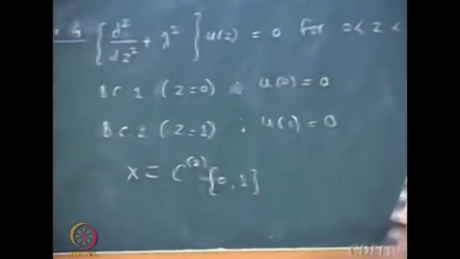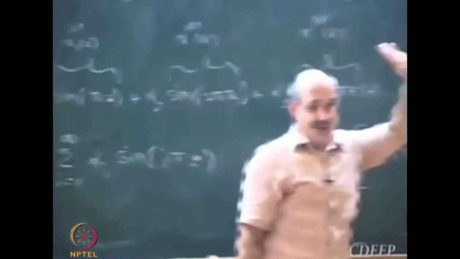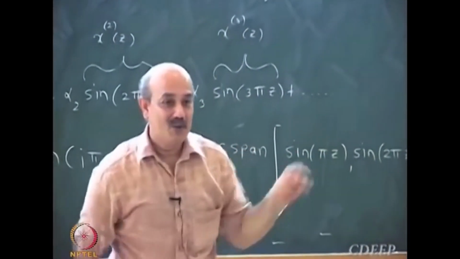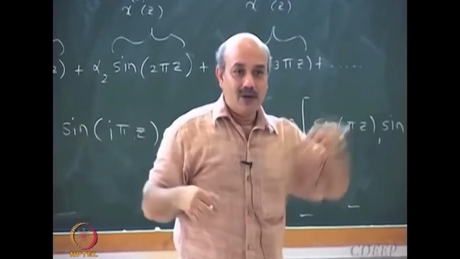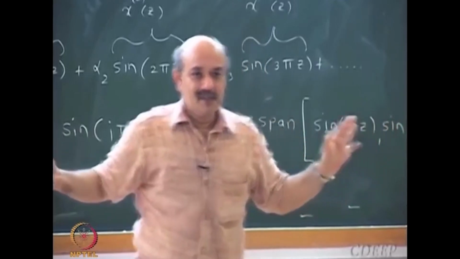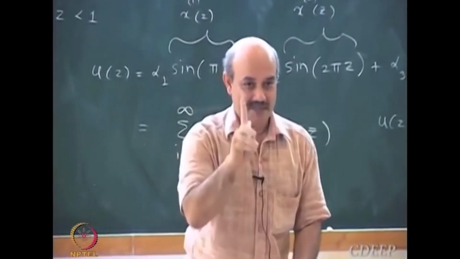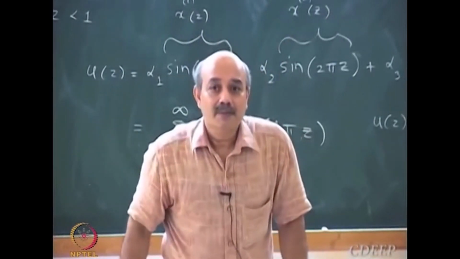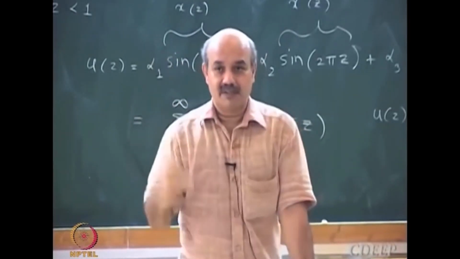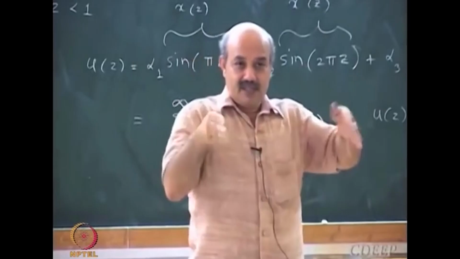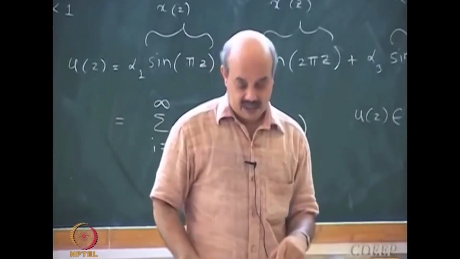This space is different from that space. A function defined over 0 to 1 is not the same as a function defined over 0 to 5 or minus pi to pi. They are different functions. There is some part which is not included here. It may not even be continuous in some other region. It might be continuous in some region, but not in another. So there are all kinds of differences.